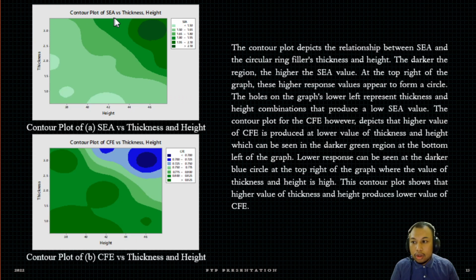Next, for the contour plot, as we can see on the top right corner of the SEA contour plot here, this represents higher value of SEA as the value of thickness and height are higher. On the contrary, the CFE showed this darker region, which shows that higher value of CFE is detected on lower value of thickness and height.